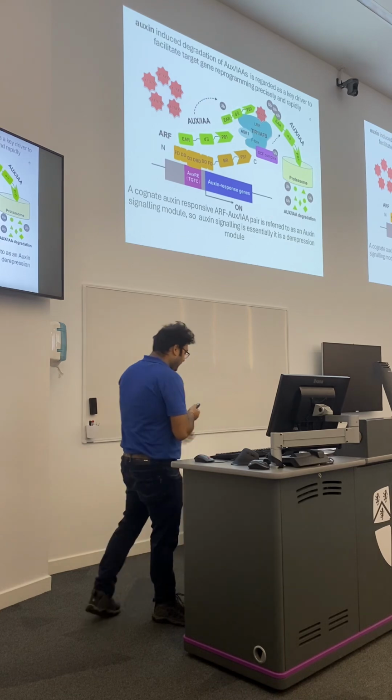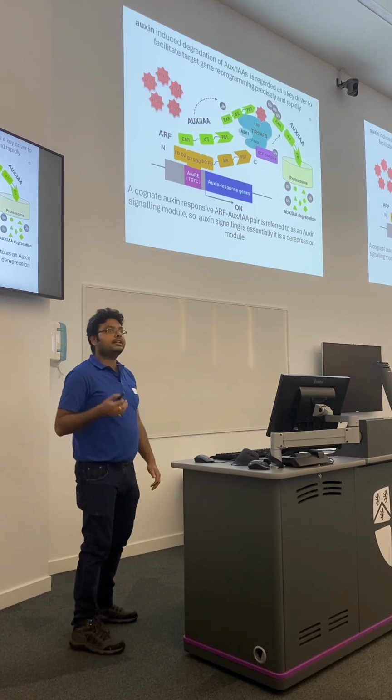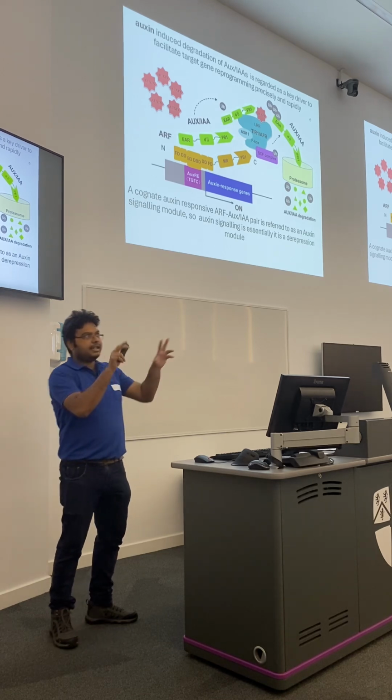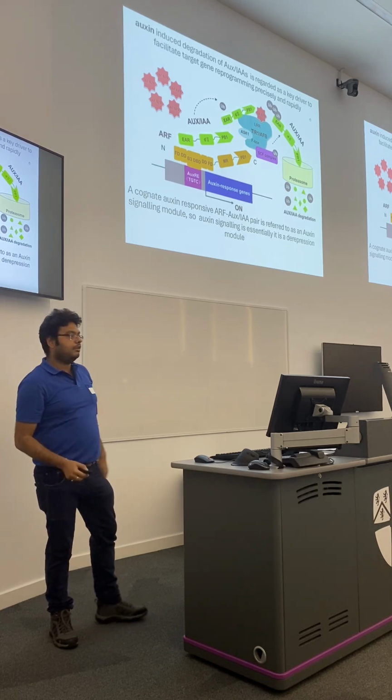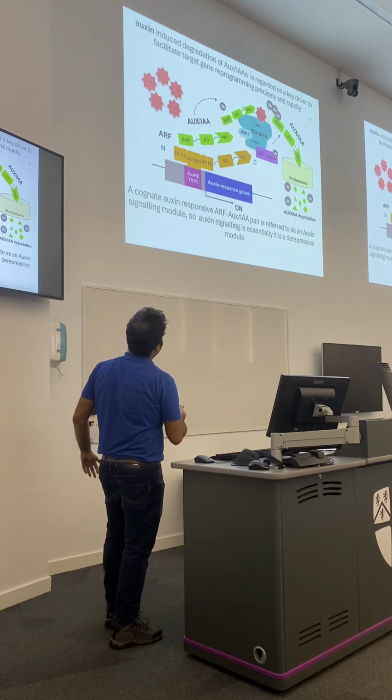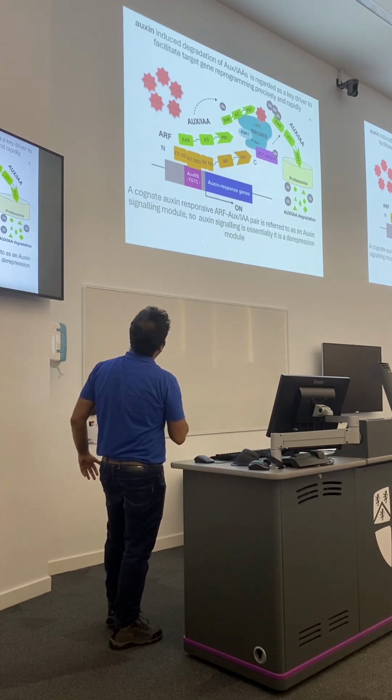Now the interesting fact is, in Arabidopsis there are 29 AUX/IAAs and about 30 ARFs, so they can make multiple combinations. A combination of an ARF and an AUX/IAA pair is referred to as an auxin signaling module.